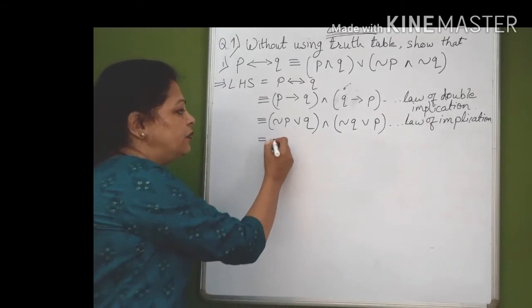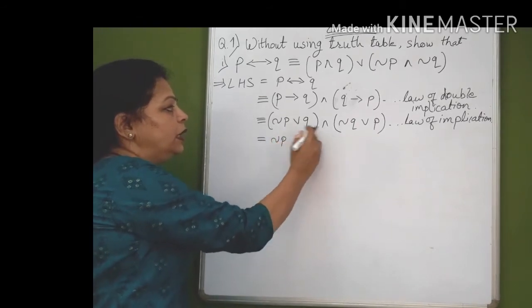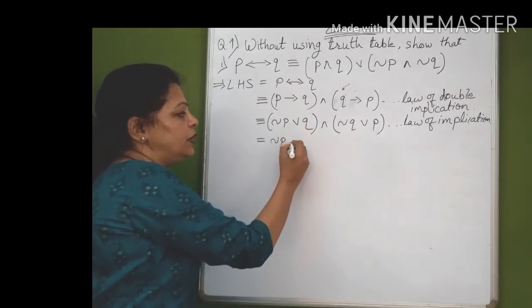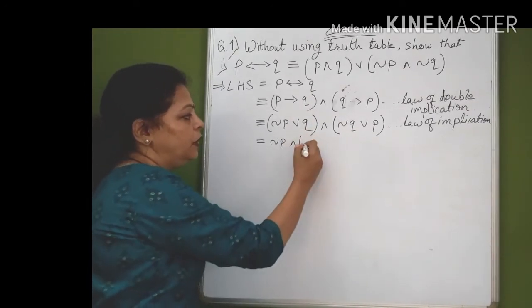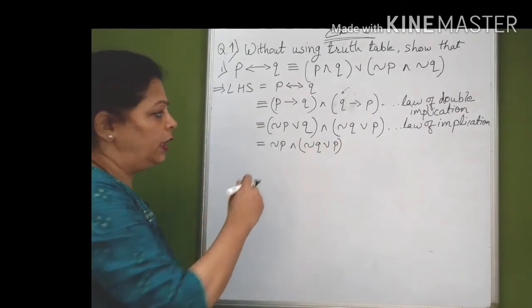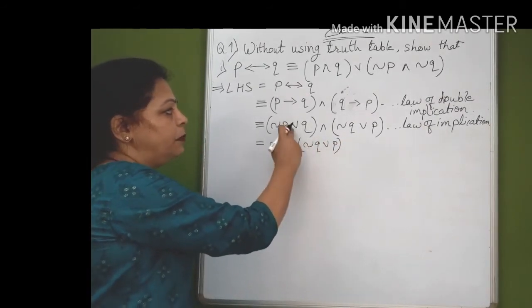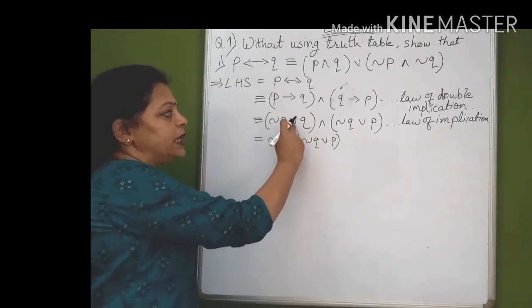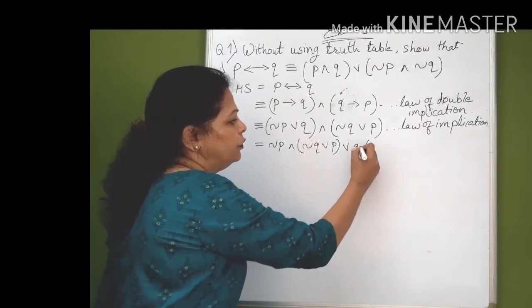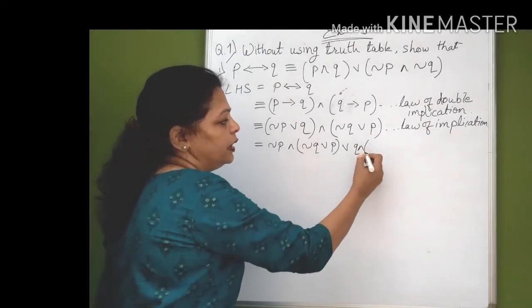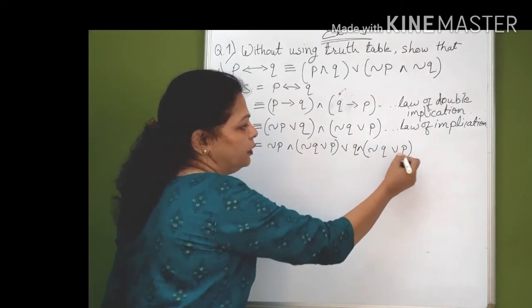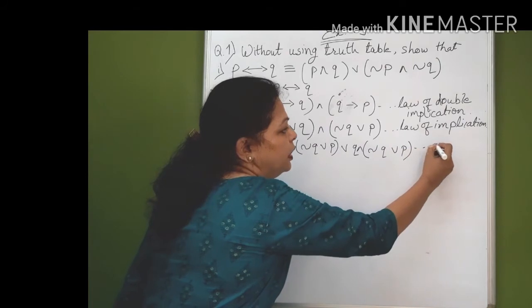We will have negation P, A into C plus D, so the into sign is AND: negation Q or P. Plus B into C plus D: the plus sign is OR, so Q and negation Q or P. This is called the distribution law.